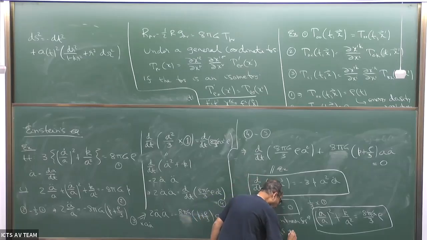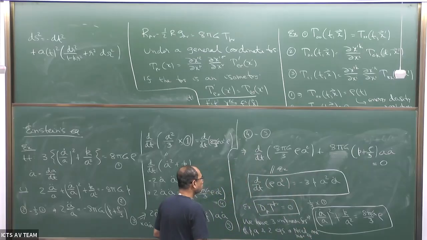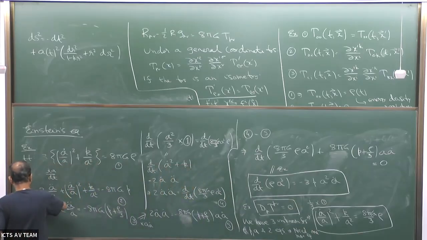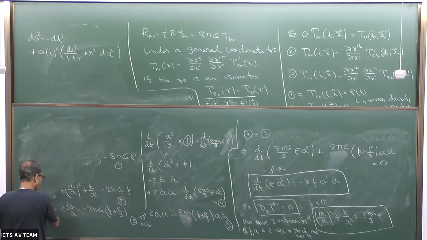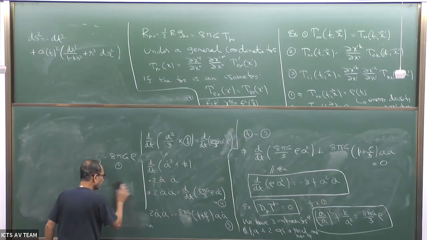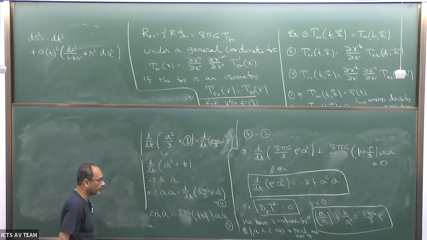This means we need one more. The first of these equations doesn't have a.